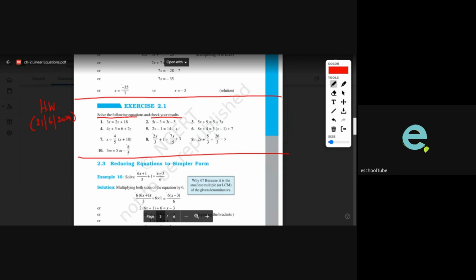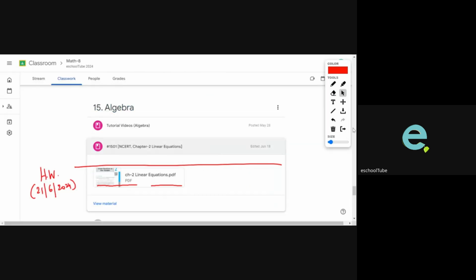Do all the questions. That will give you a lot of practice. These are 10 questions. Do 10 questions and then you submit it in your Google Classroom. ठीक है? तो Google Classroom में हम यहाँ डाल देते हैं.